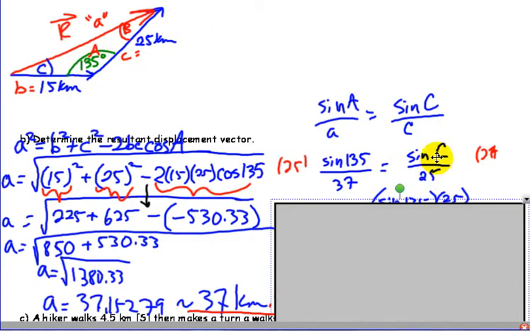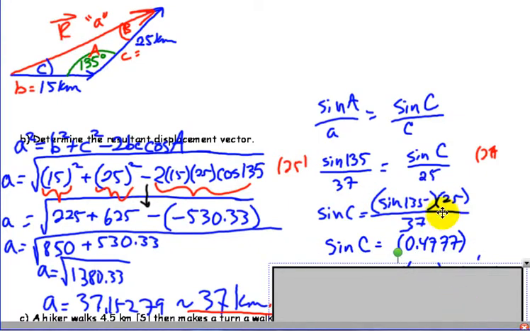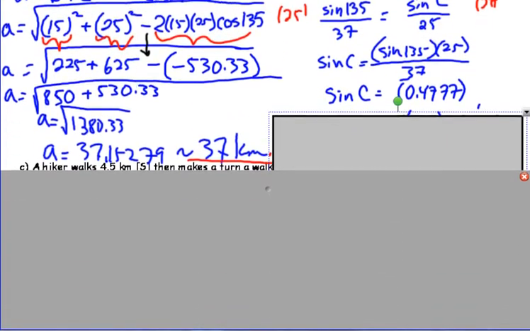So I want to isolate sine C here, sine C divided by 25. So to isolate sine C, multiply each side by 25. It cancels off here, and we're left with sine C equals sine of 135 times 25 divided by 37. So if you do that, we get sine of C is equal to 0.4777.